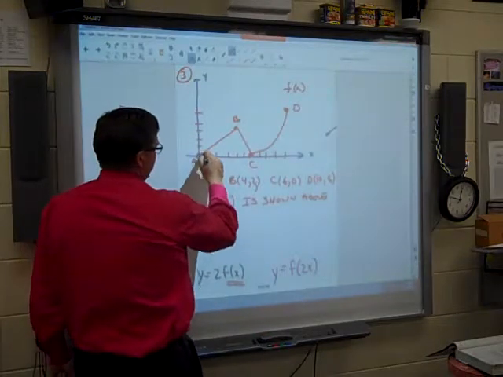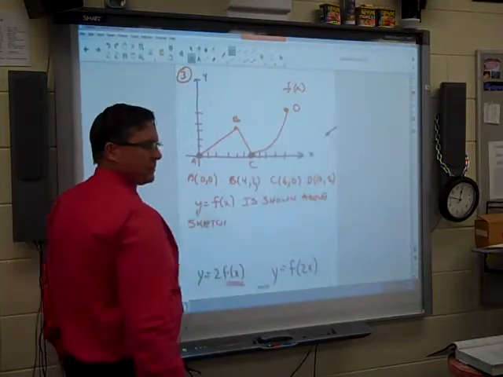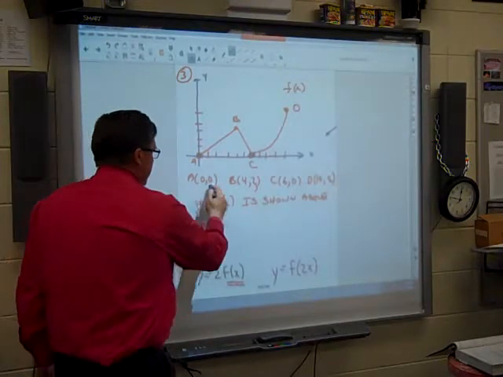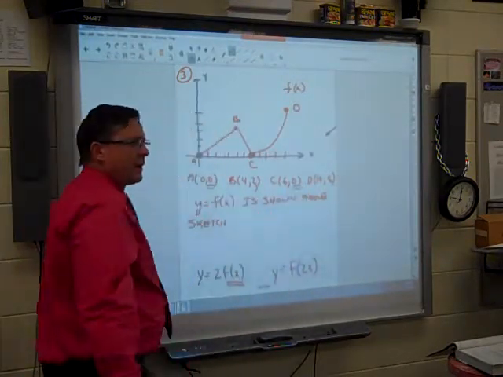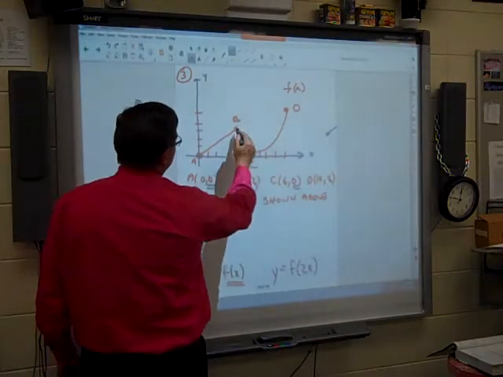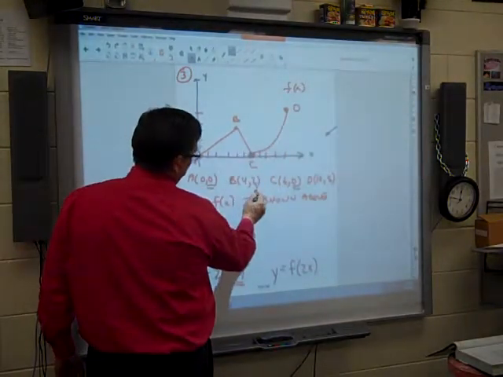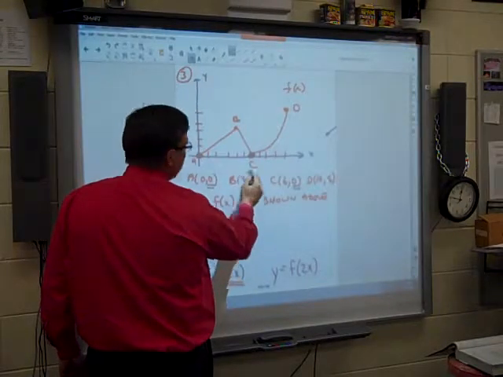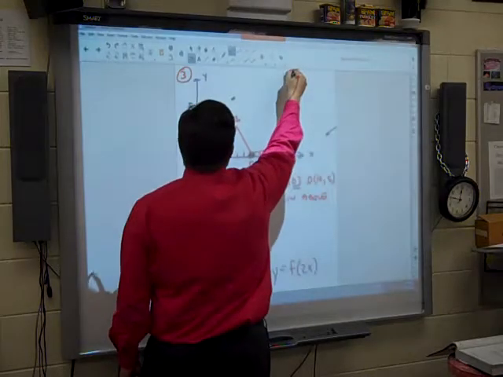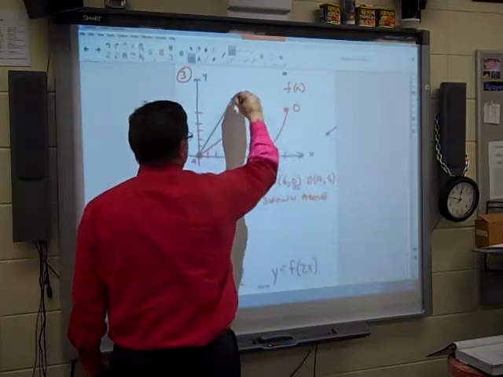I will tell you right now, 2 times 0 is 0. A and C do not change. I don't care if you double 0. Do you guys agree? But at B, 2 turns into, or 3, that's a horrible 3, right? 3 turns into 6, and at D, 5 turns into 10.